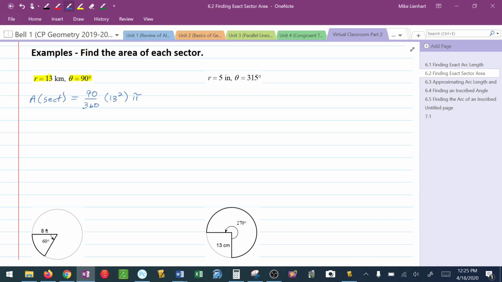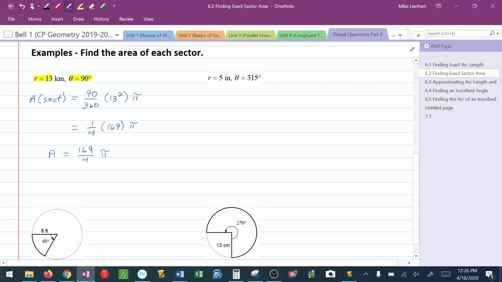Now, I'm going to go ahead and simplify 90 over 360 to 1/4. I'm going to simplify 13 squared to 169 pi. Now, 1/4 times 169 gives me an area of 169 over 4 pi.